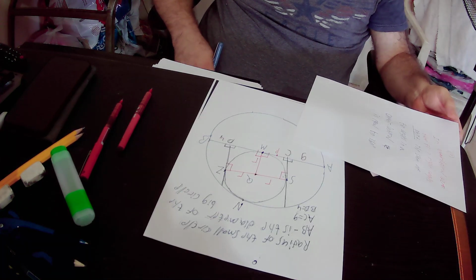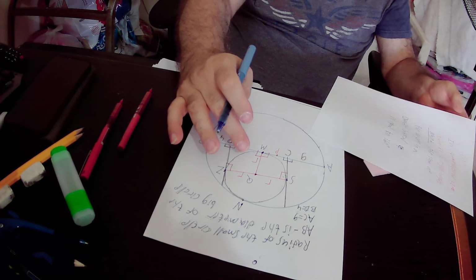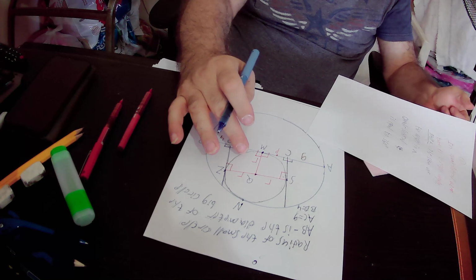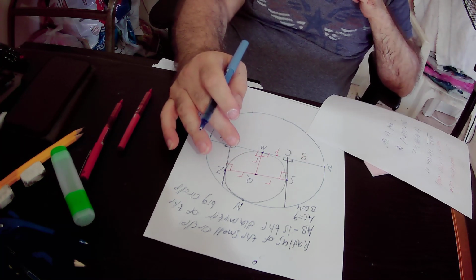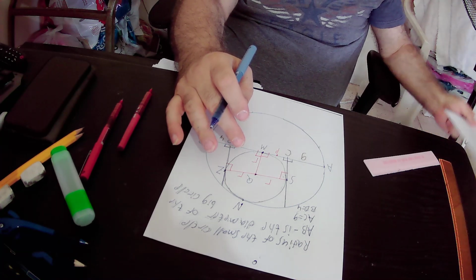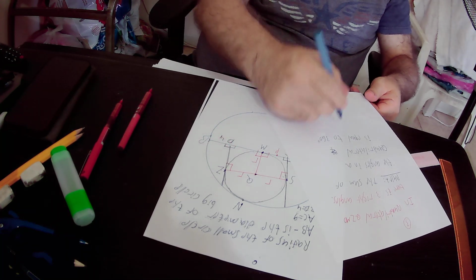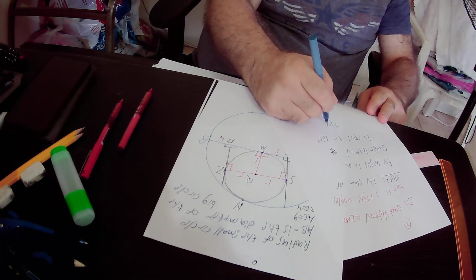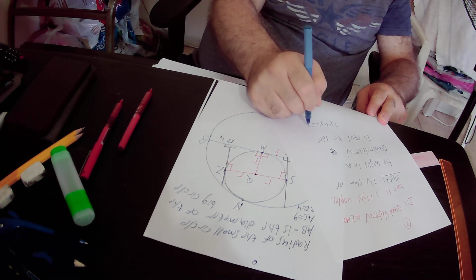Okay, so actually in quadrilateral QZMD, we know that the sum of the angles is 360 degrees. We have three right angles, so 3 times 90 degrees is 270 degrees.